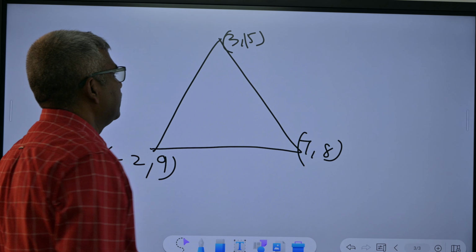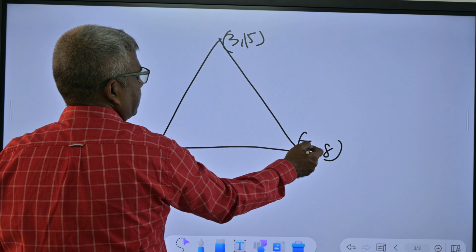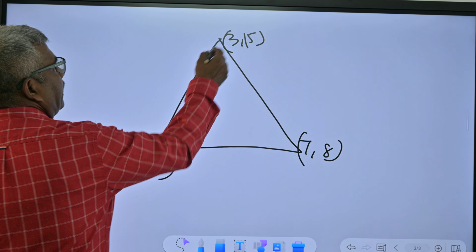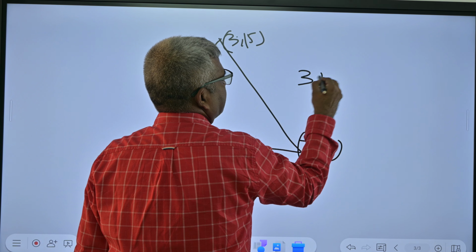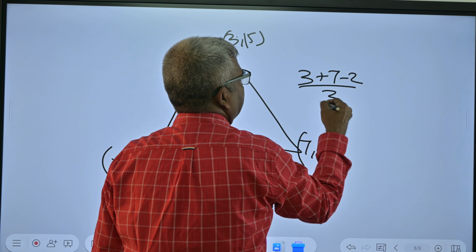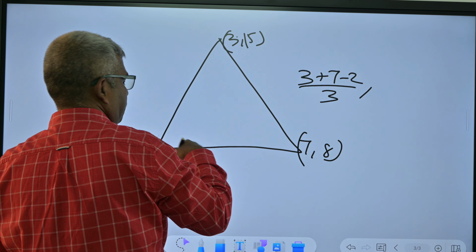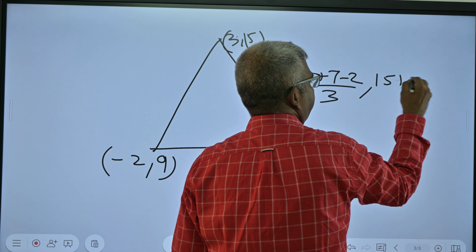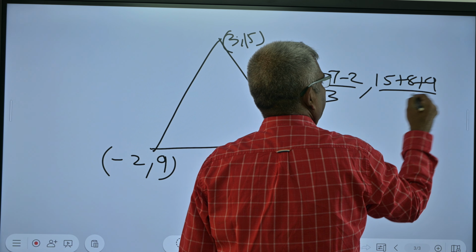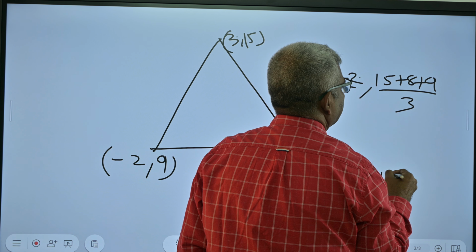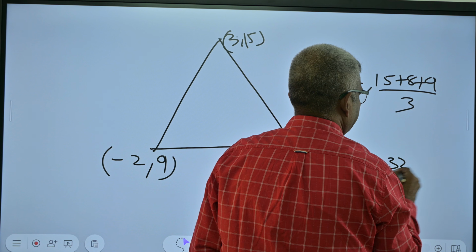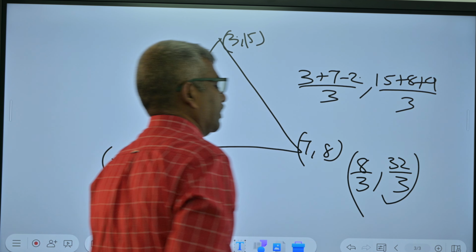What is the centroid? x1 plus x2 plus x3 divided by 3: minus 2 plus 3 plus 7 is 8, divided by 3. 15 plus 8 plus 9 is 32, divided by 3. Okay, this is the centroid, 8 by 3, 32 by 3.